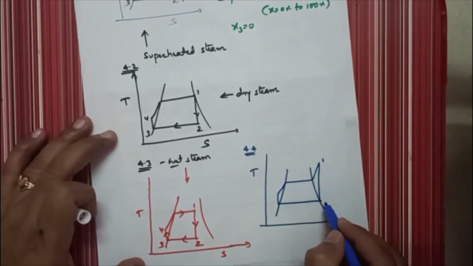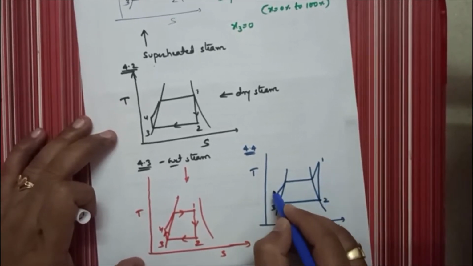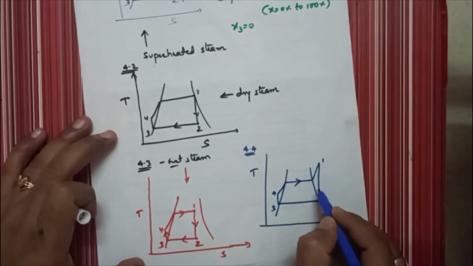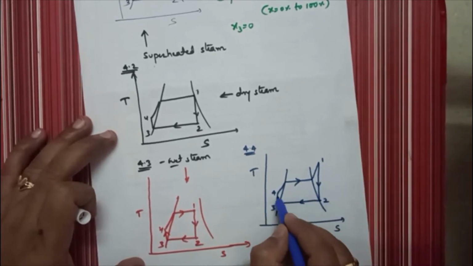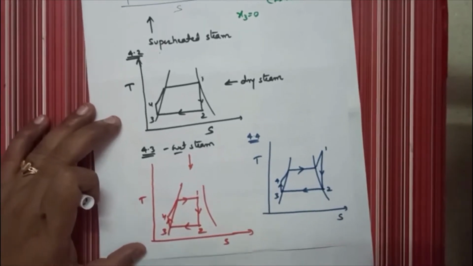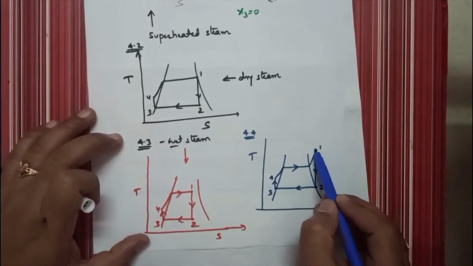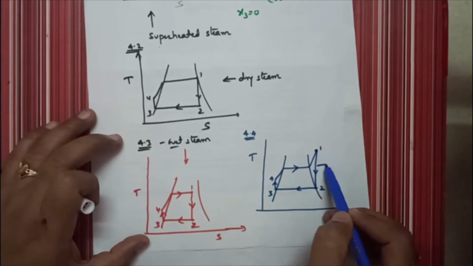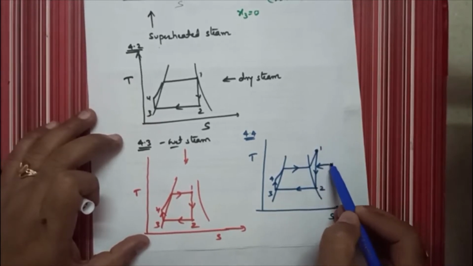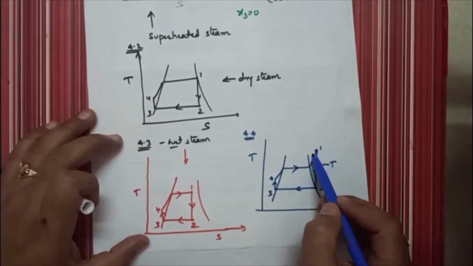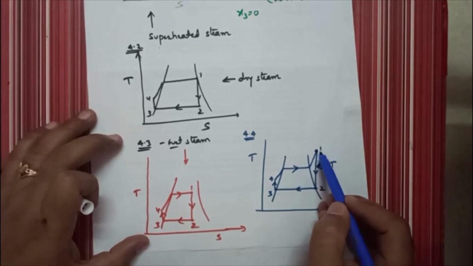This is 1, this is 2, this is 3, this is 4. This is the direction of the process. Now what is the 4.4 condition? At inlet to the turbine, that is 1 to 2, turbine. So at inlet to the turbine, the condition of the steam is superheated.